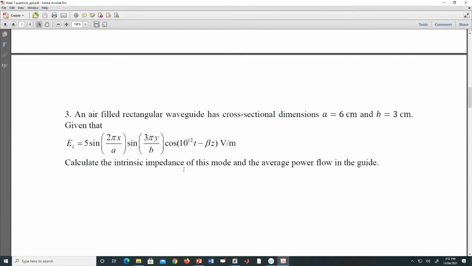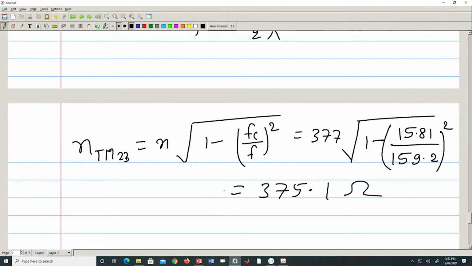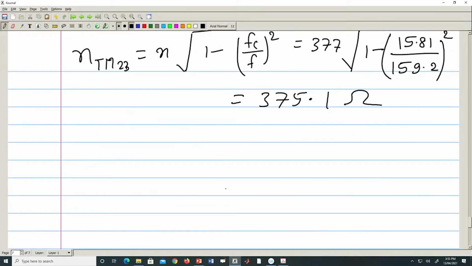Calculate the intrinsic impedance of this mode and average power flow in the guide. Now, we have to calculate the average power flow in the guide for this mode, that is also mode dependent. To determine the average power flow in the guide, we have to use the previous expression.